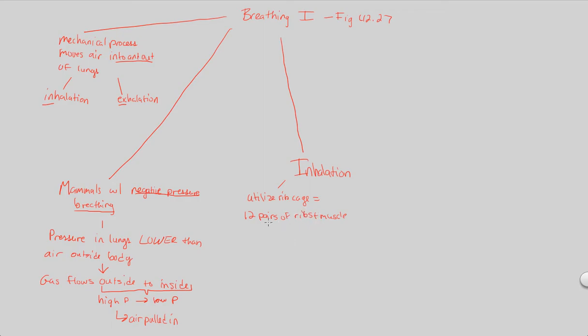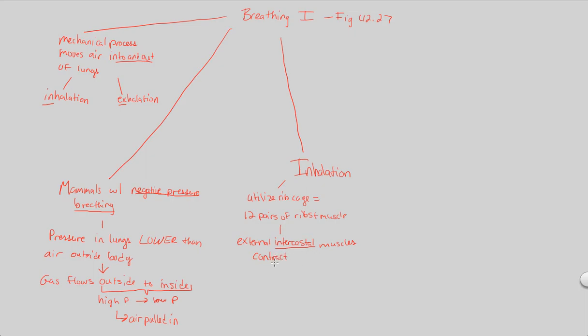Okay, so what do we do here? What we have within this inhalation rib cage area is the external intercostal muscles. Those are some you should remember. They're called intercostal muscles. That's what's really going to be driving this inhalation process, because those are the muscles that will simultaneously contract.